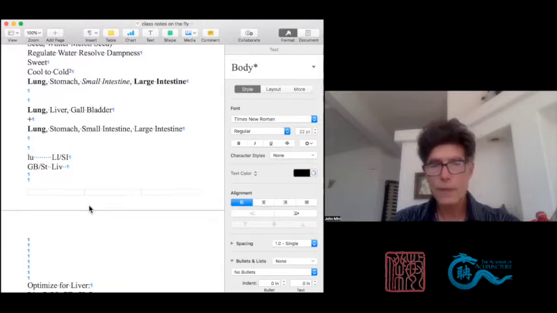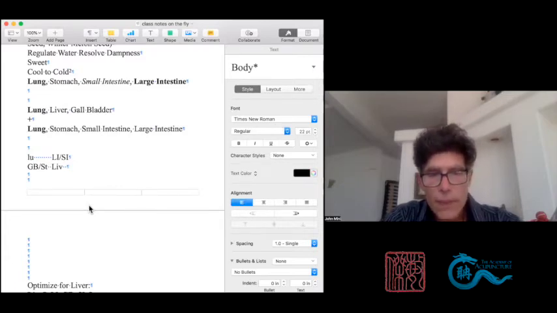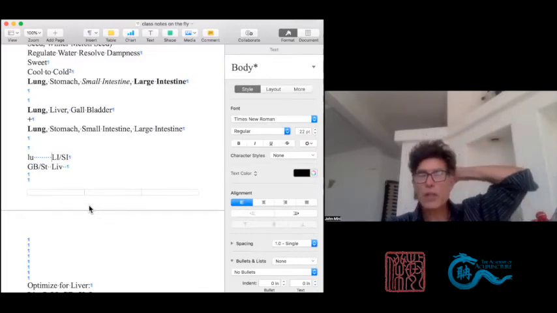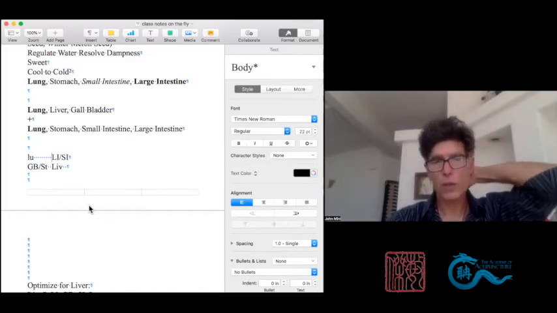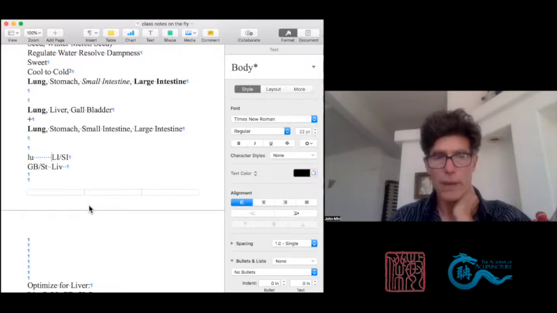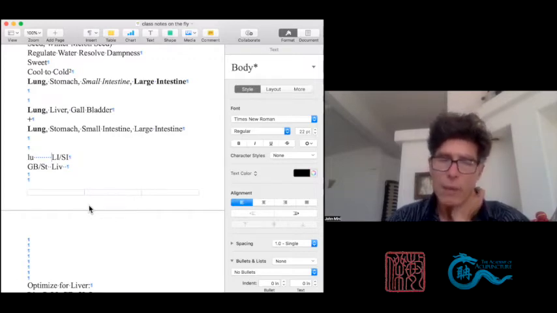This is a strong formula, okay, with the Dongguazi. So this is going to address that constipation. So this is liver congestion with the constipation. The Dongguazi is really, really good. It's sweet. This is one place we want to invoke this sweetness to help generate more fluids. Okay, cold to cold.